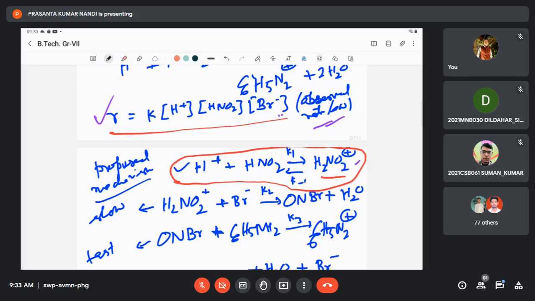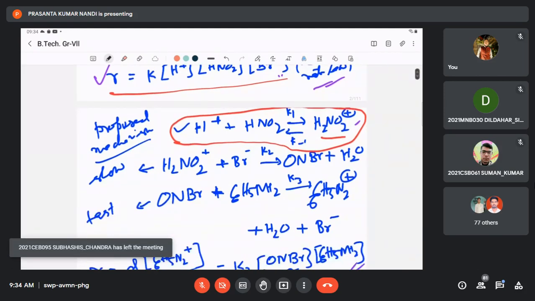The second step involves H2NO2+ reacting with Br-, with rate constant k2, and produces ONBr. This is a very slow reaction.